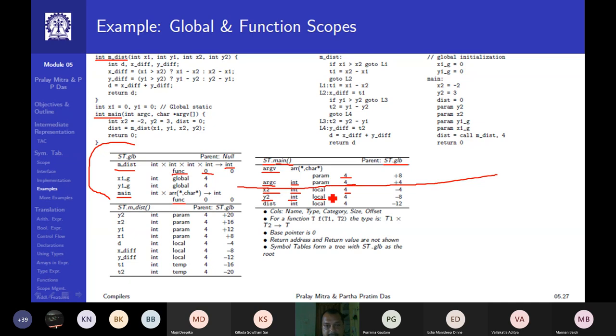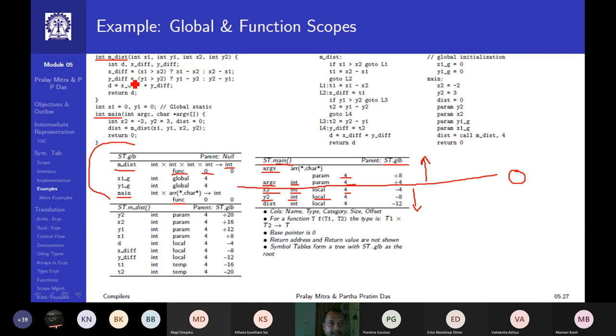Between the parameters and the local variables there is a vertical line, that is my reference 0. Parameters are above, increasing +4, +8, and here it is decreasing -4, -8, -12.